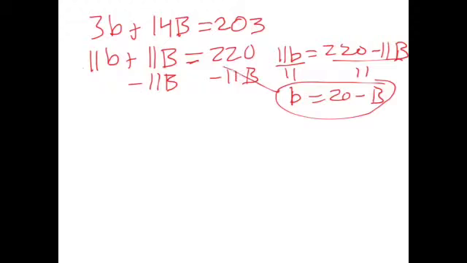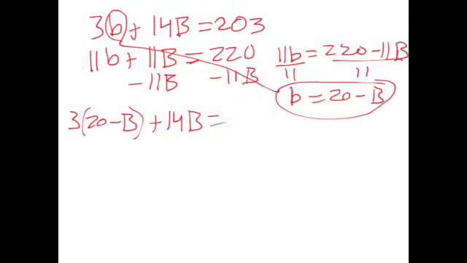Anyway, I can take that small b and put it into my first equation, and that'll help me solve for my large b. So I'll put 3, and then what small b is equal to, which is 20 minus large b, and then add 14b equals my total up there of 203. So now I have this, again, work towards getting my large b by itself, so I need to distribute.